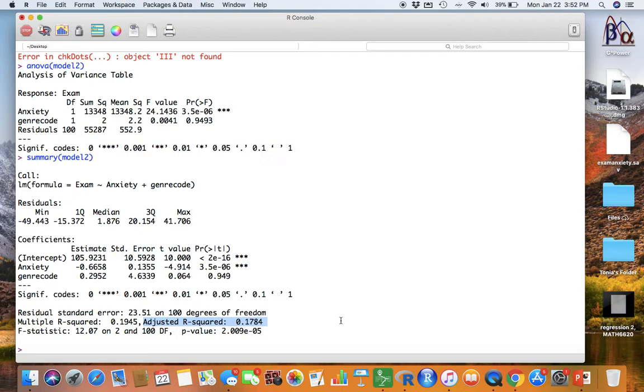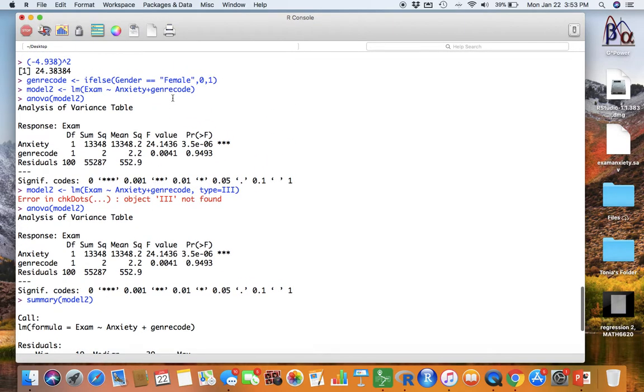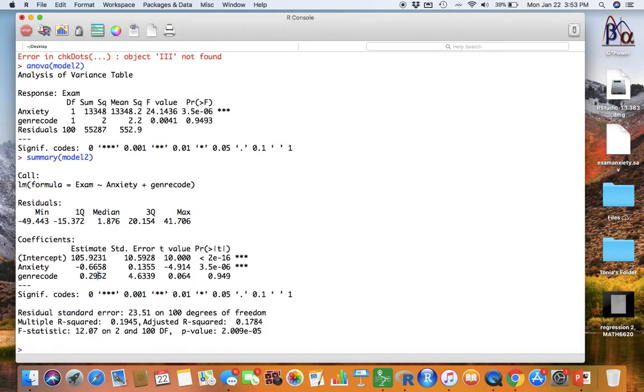Now, when I go to gender, if I don't know how my gender is coded, then that 0.295 doesn't mean much to me. But because I know the way that I coded this, and I set female as 0, think about it. As I increase 1 unit, what am I doing?